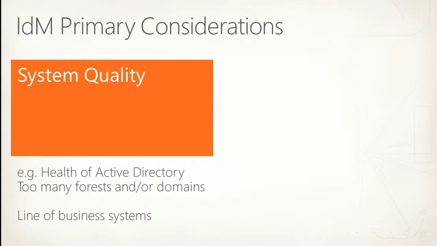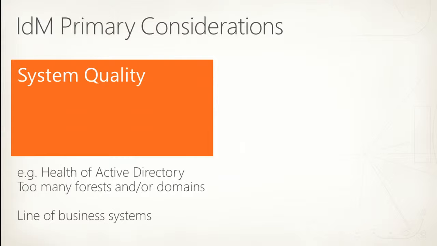Most Active Directory environments have grown organically over the years, and elements of it tend to be deployed in a tactical fashion. That leads to what we might term a poor Active Directory platform as far as our identity management concerns are concerned.